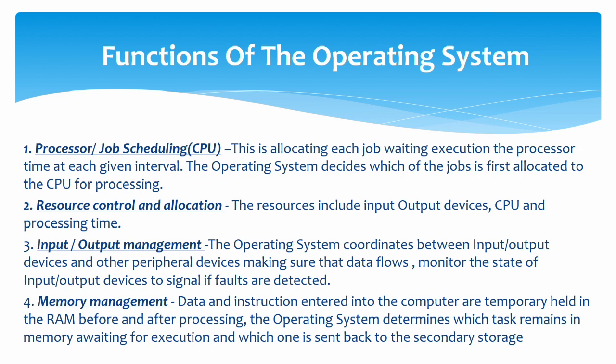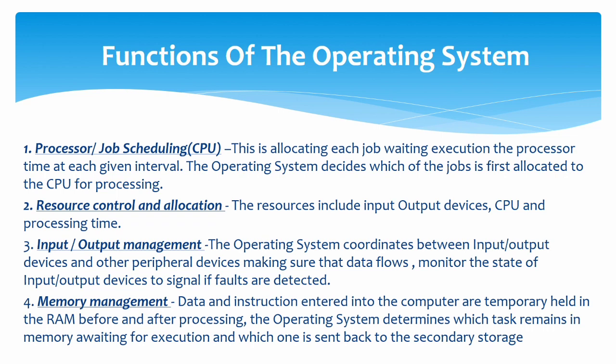The operating system also does allocation of resources and helps you control your input and output devices, making sure the CPU has ample time to handle every hardware resource, whether an input device or an output device.